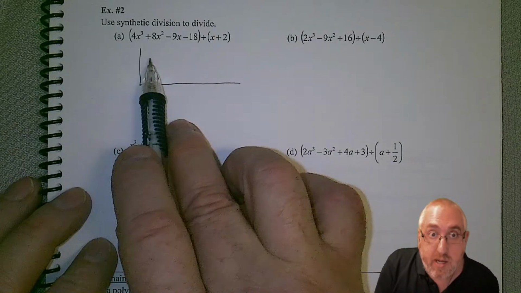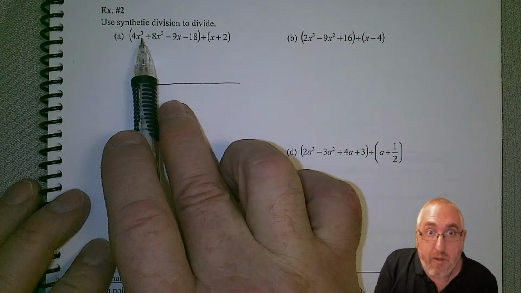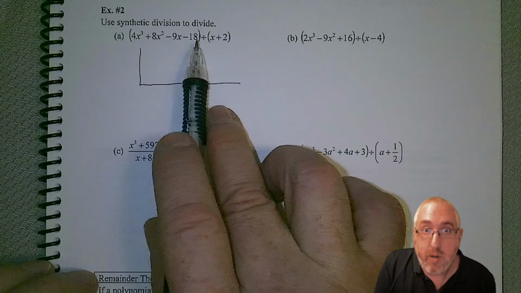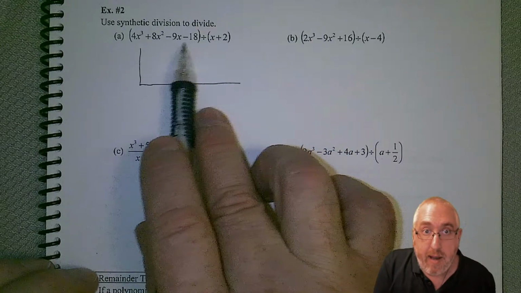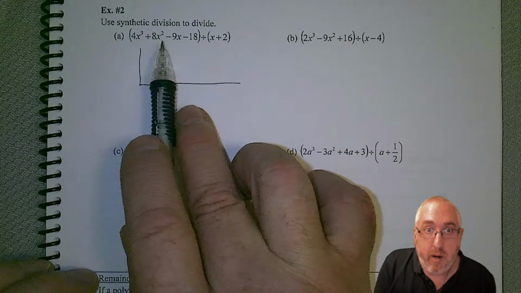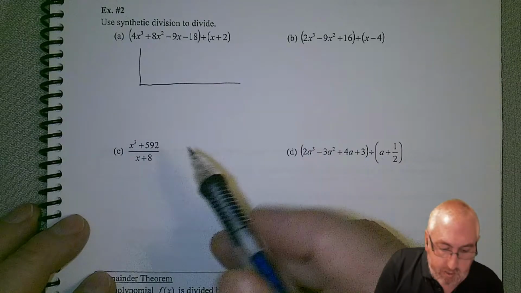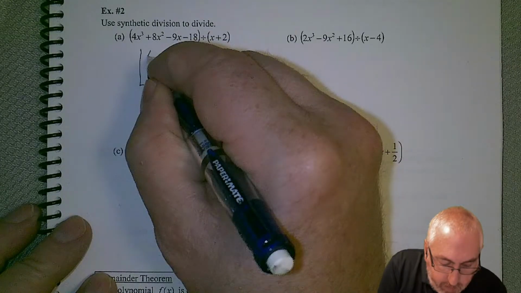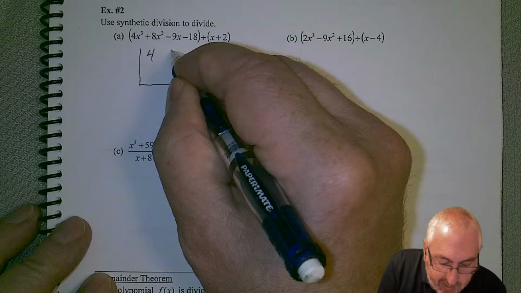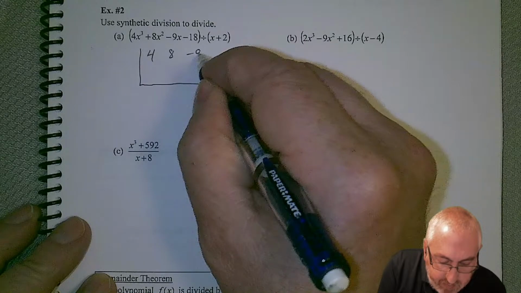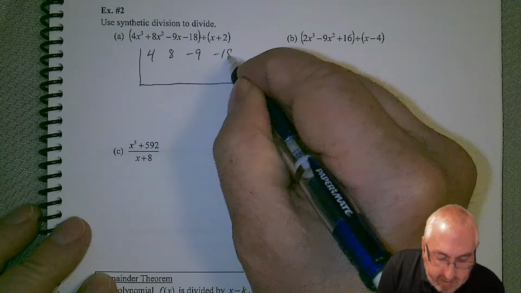Now, what goes on the inside are the coefficients, and only the coefficients of your polynomial. Now, we got x cubed, x squared, x, and then nothing, no x at all. So we want to put down our 4, put a little bit of a space maybe, our 8, a negative 9, and a negative 18.